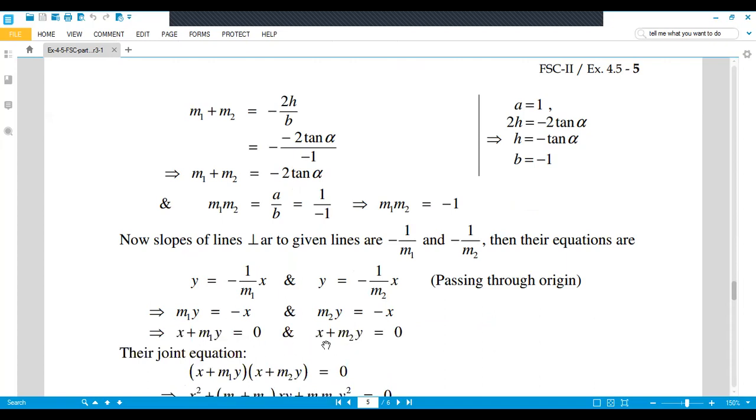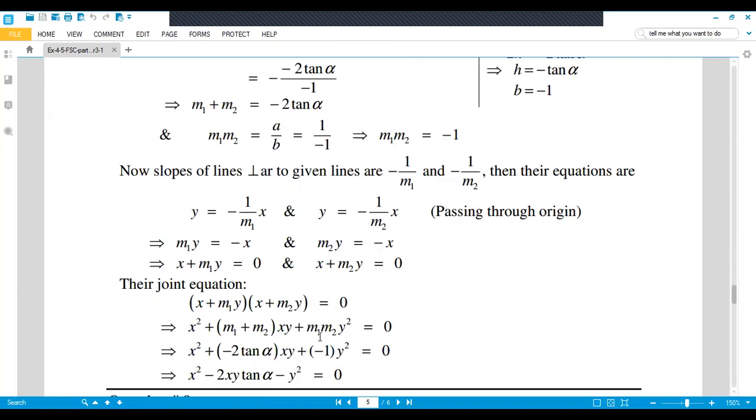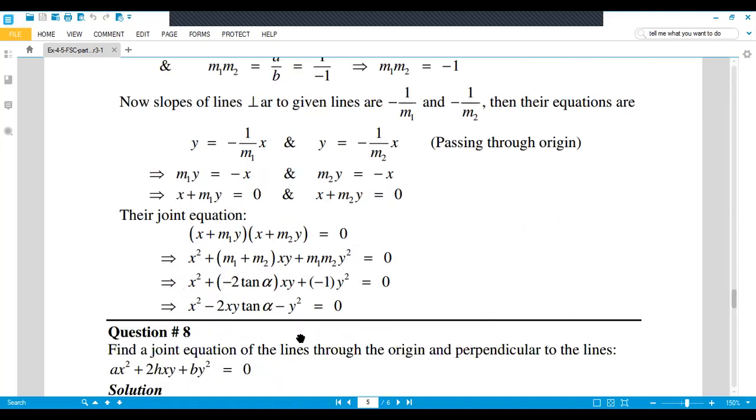These are the equations of the lines. Their joint equation is the product of these two lines, x plus m1y into x plus m2y. This is the joint equation of the lines. So this is question number 7.